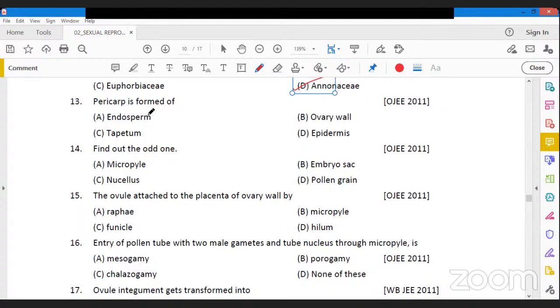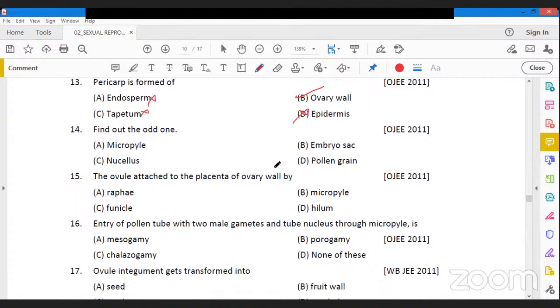If they gave endosperm, that is wrong. The ovary wall, yes, only the ovary wall will develop. Tapetum is wrong because tapetum will provide nourishment to the developing pollen grains. Epidermis is also wrong. Ovary wall is the correct answer.